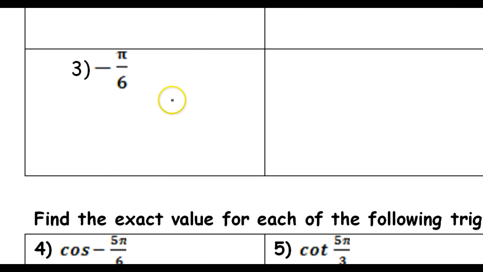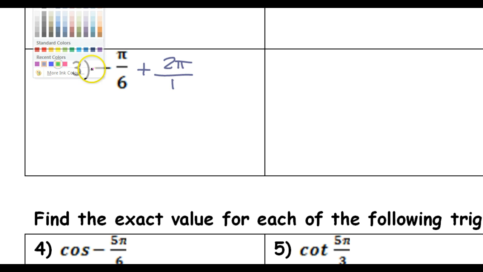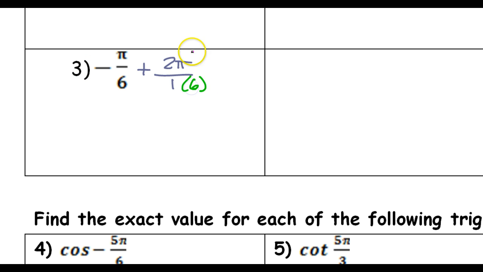Alright, let's do one more example. This is negative, so clearly we need to add to get into the zone between 0 and 2 pi. So I'm going to add 2 pi to this. Adding 2 pi. Now, this is like having 2 pi over 1. I need a denominator of 6 though, so I'm going to multiply by 6 in the top and the bottom.